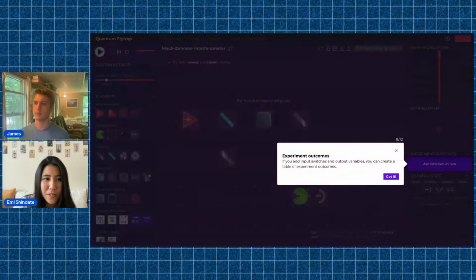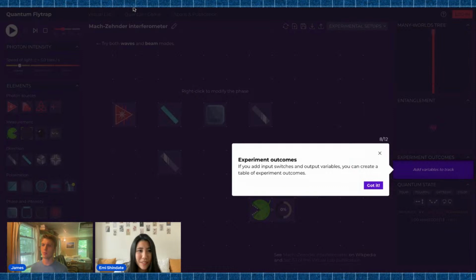I can't switch. It doesn't let me switch my screens like that. You should have a button at the top that says share this tab instead. Share screen. Let's see. But share this tab stream. No, I don't actually. Okay. It says view. If I click StreamYard, can you see? You can still see Quantum Flytrap, right?